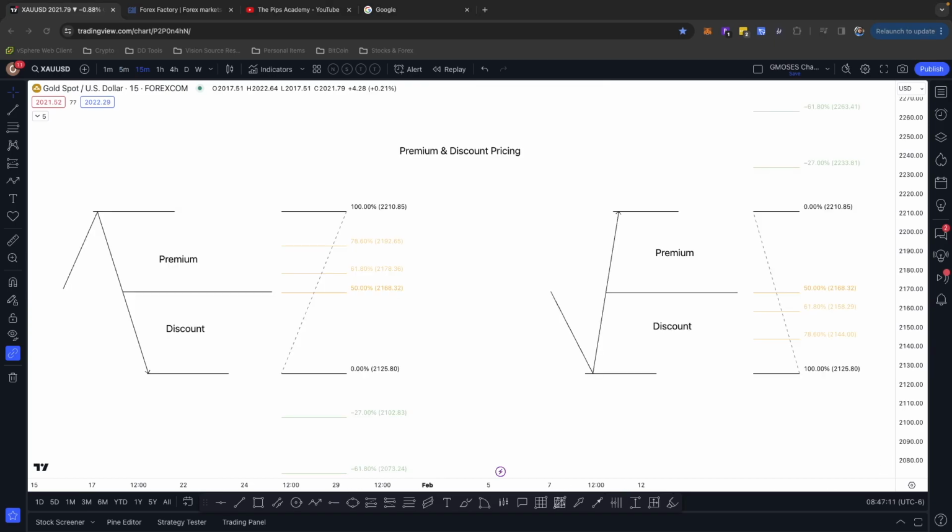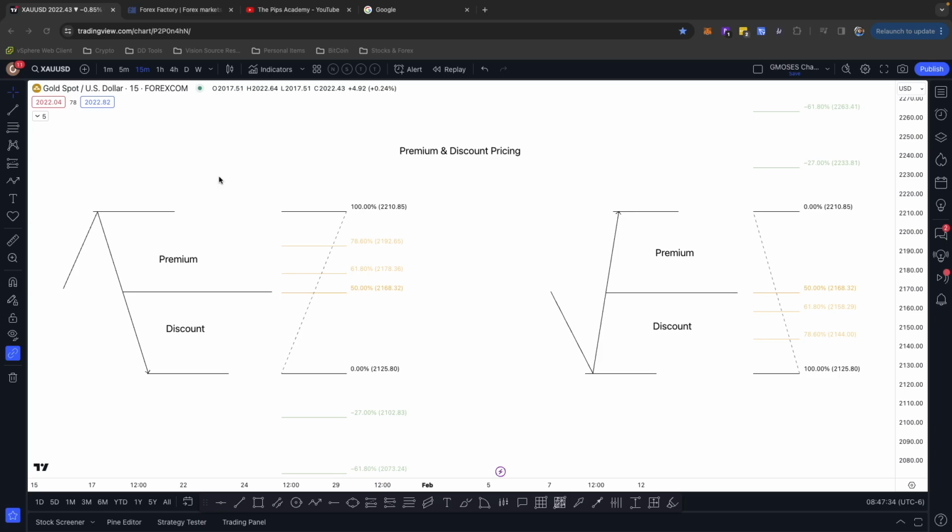All right, you guys, let's shift over to premium and discounted pricing, and I'm going to explain how this works. On the left side, we have a bearish model where we're looking for sales, and we have a bullish model where we're looking for buys. Let's think about it as if you're selling a product. Whenever you sell something, you want to sell it at a premium price.